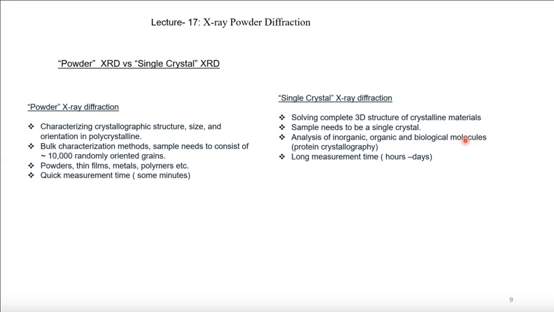But in this case, we need a measurement time a little bit more than that of powder patterns. From hours to days, we need to collect the data. So this is the main difference. In powder diffraction, it is very seldom that we can get a complete three-dimensional structure analysis.